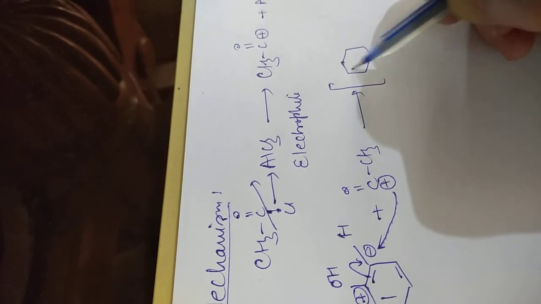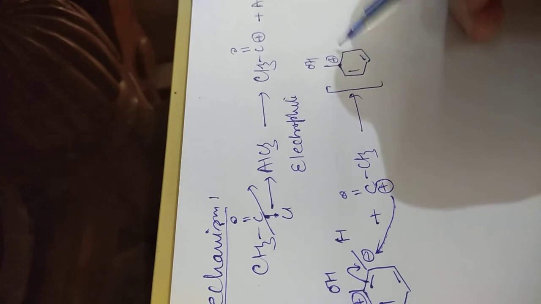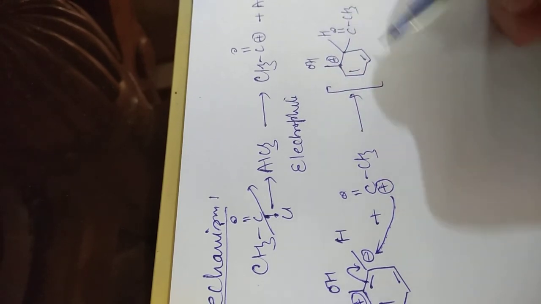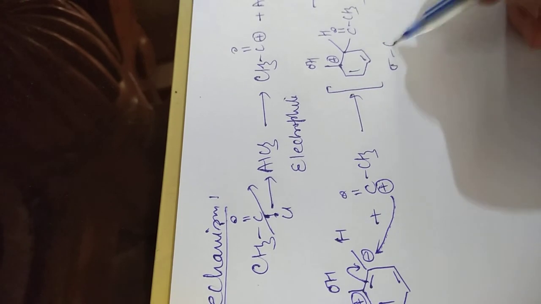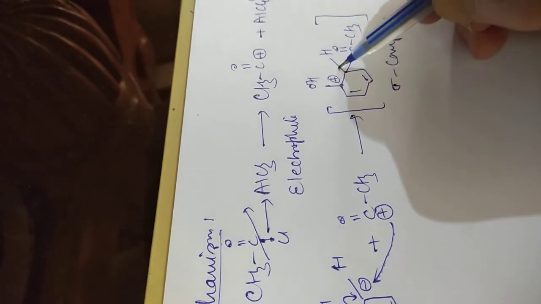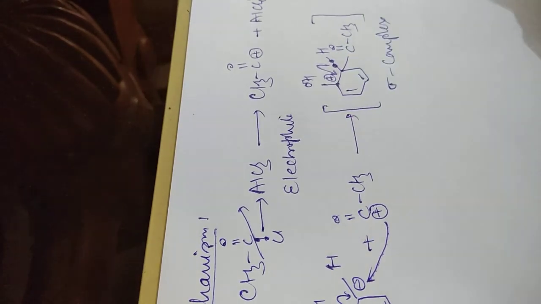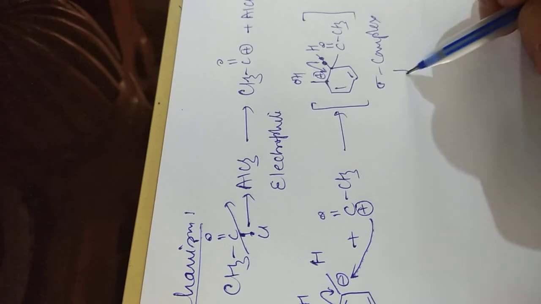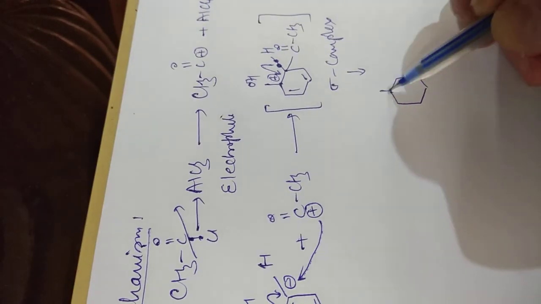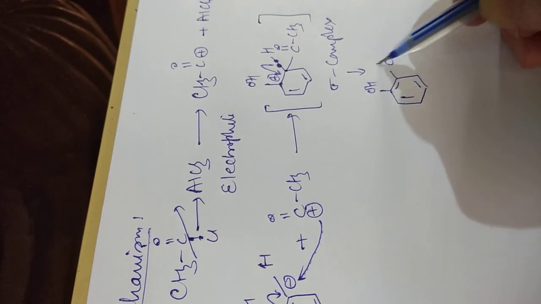As a result, an intermediate is formed which we call the sigma complex. This is sigma complex. This will be unstable. To get the stability, CH bond electron will shift in the benzene ring, and as a result the ortho product will form.